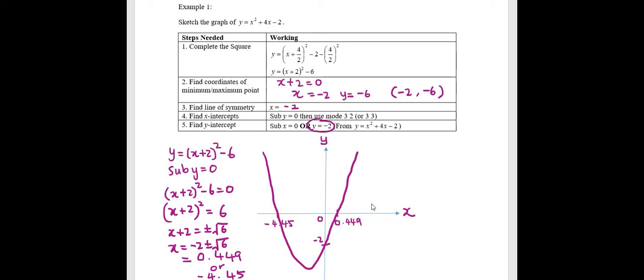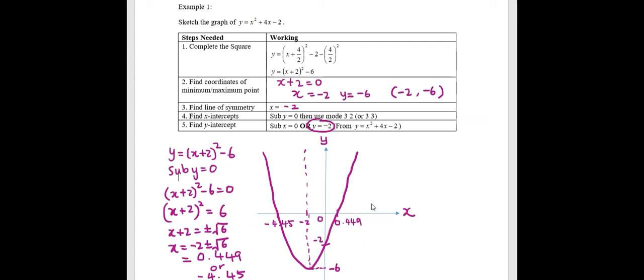Okay, so the next thing you want to do is to fill in all the other information. You have your minimum point as well. So over here, you might want to mark out your line of symmetry to be passing through x equals negative 2. And this leads you to the minimum point, and the y coordinate of the minimum point is negative 6.